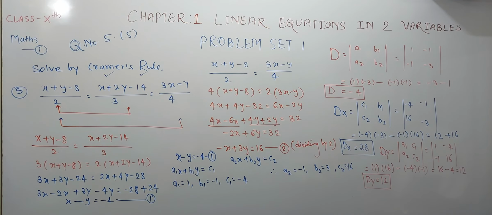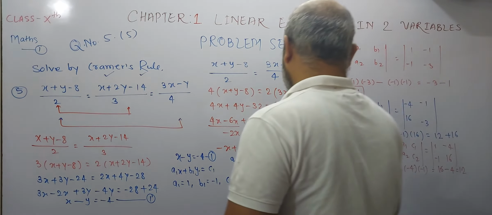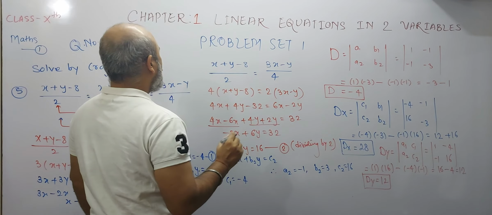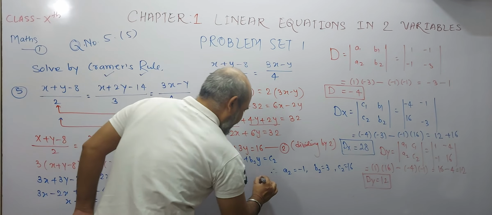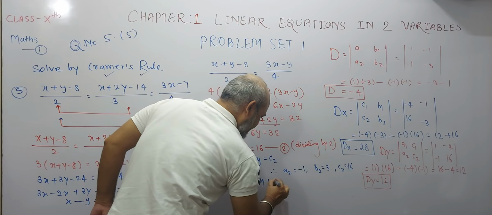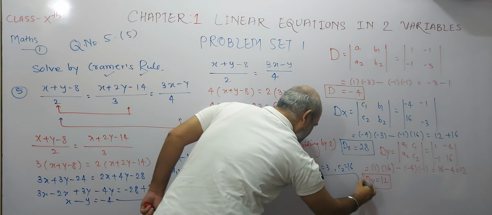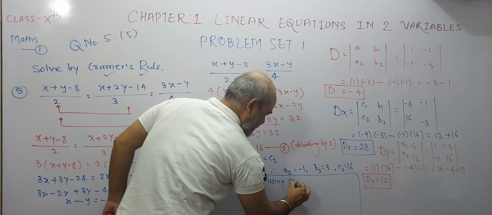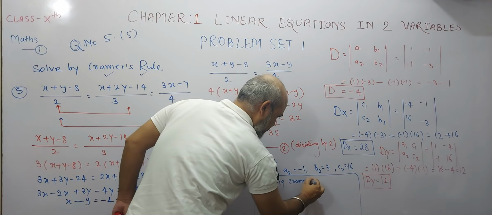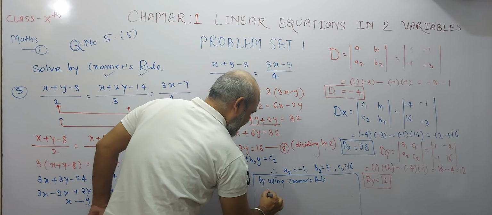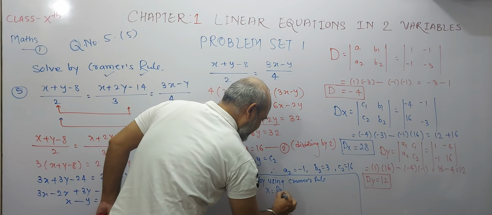Okay. So once we get the values of dx and dy, you are easily able to find the values of x and y by using Cramer's rule. How will we find the value of x? x is dx upon d.